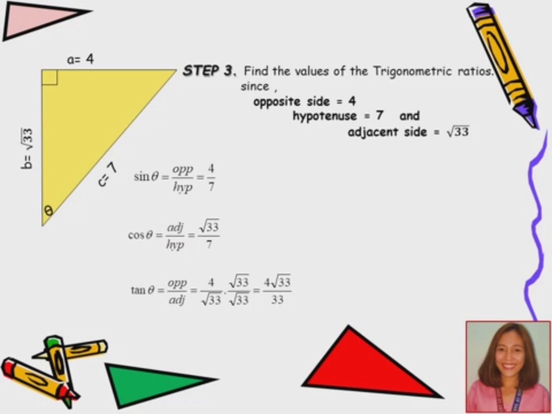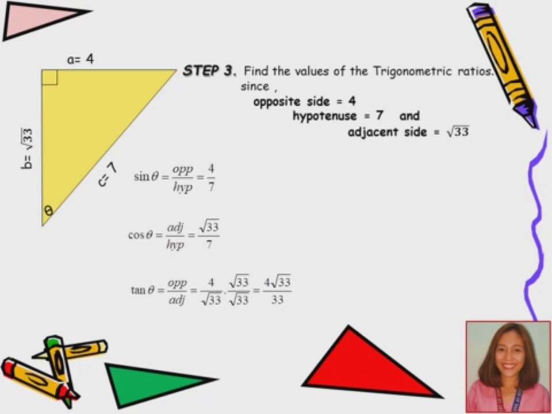But note, okay, bakit nga ba parang humaba yung naging solution natin dyan, Ma'am Lud, sa ating tan theta? Note, class, that in mathematical operation, it is not allowed to have a radical number as our denominator. So, bawal po yung may radical tayo numbers as a denominator.